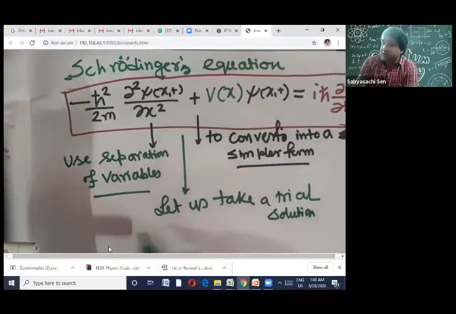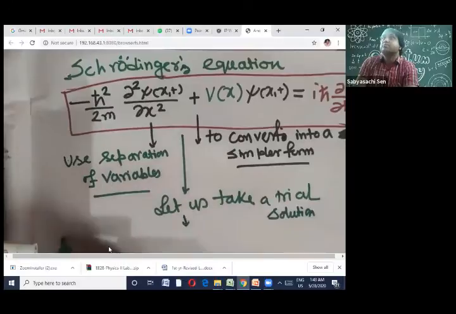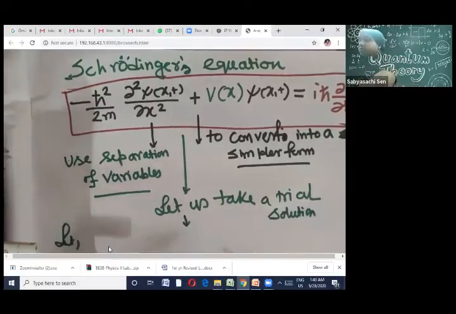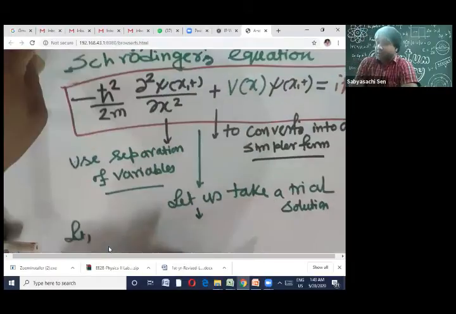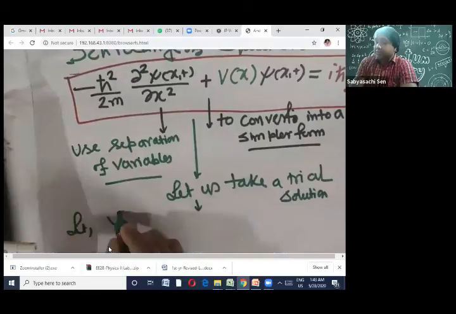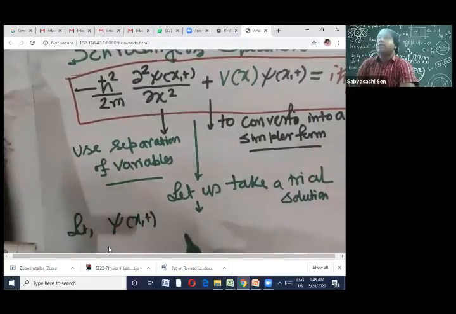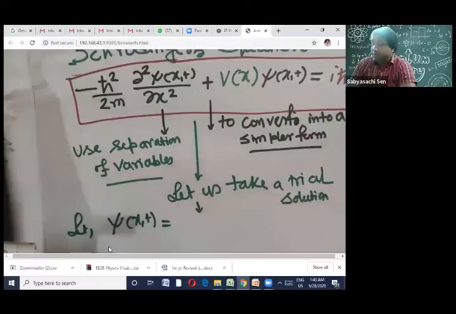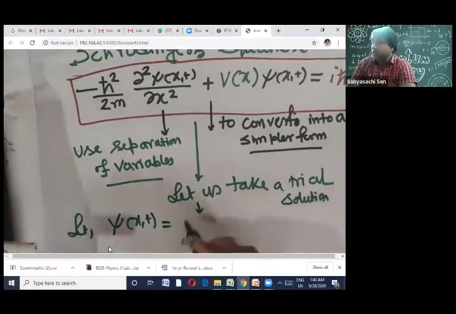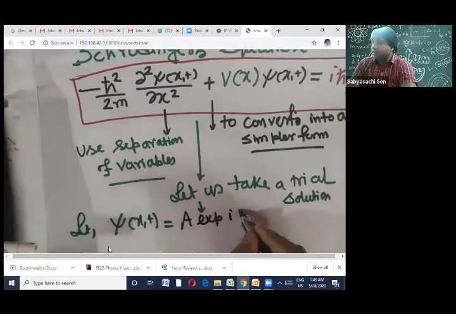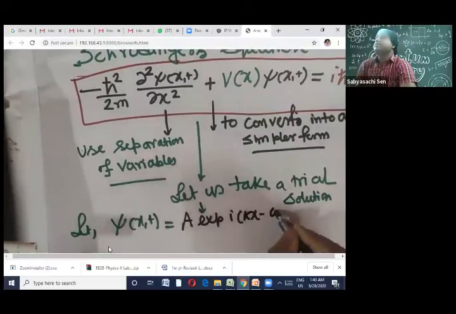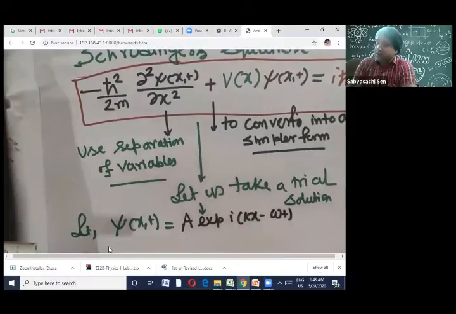Let this be my trial solution: let psi(x,t) be A exponential i(kx minus omega t). Now let this be my trial solution.